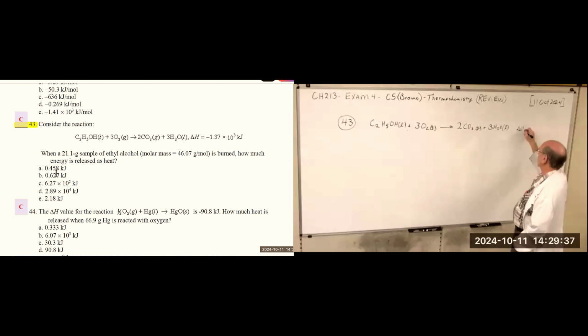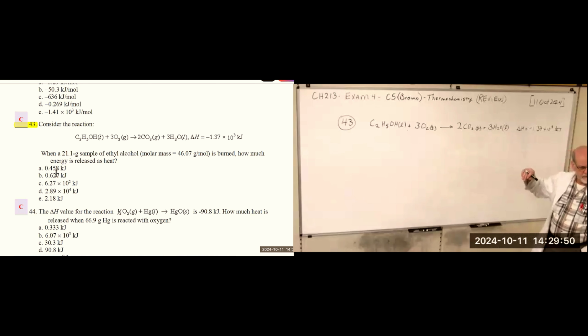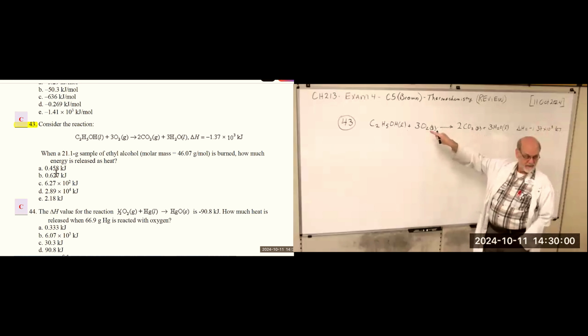All right, so delta H is negative 1.37 times 10 to the third kilojoules. And you may remember from the video, this value doesn't have to have kilojoules per mole of anything, because this is what happens when that happens.